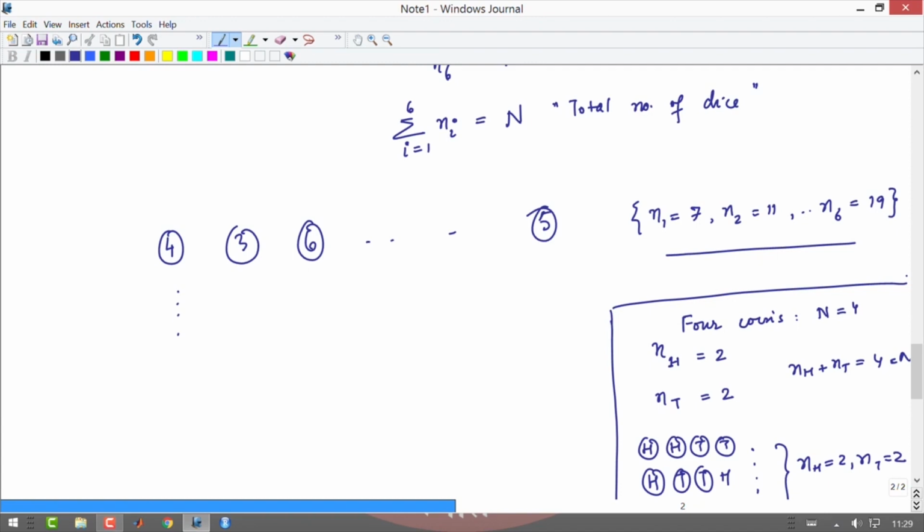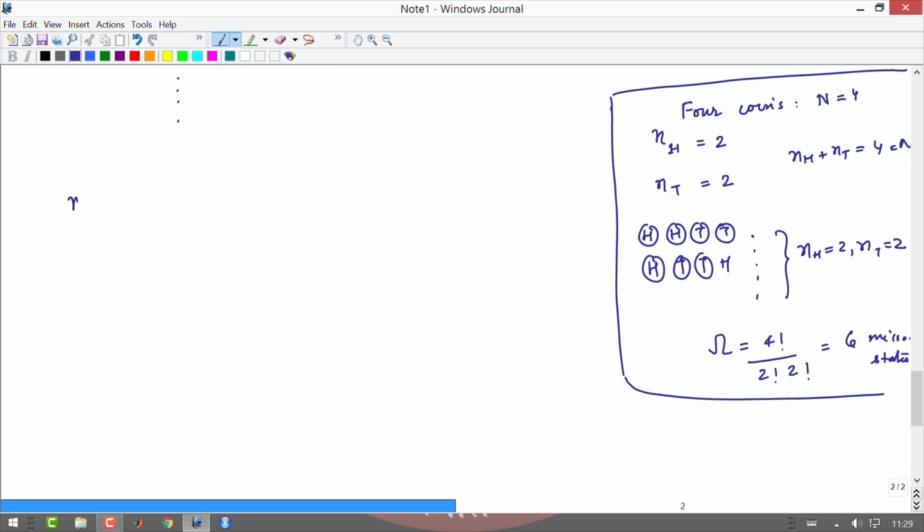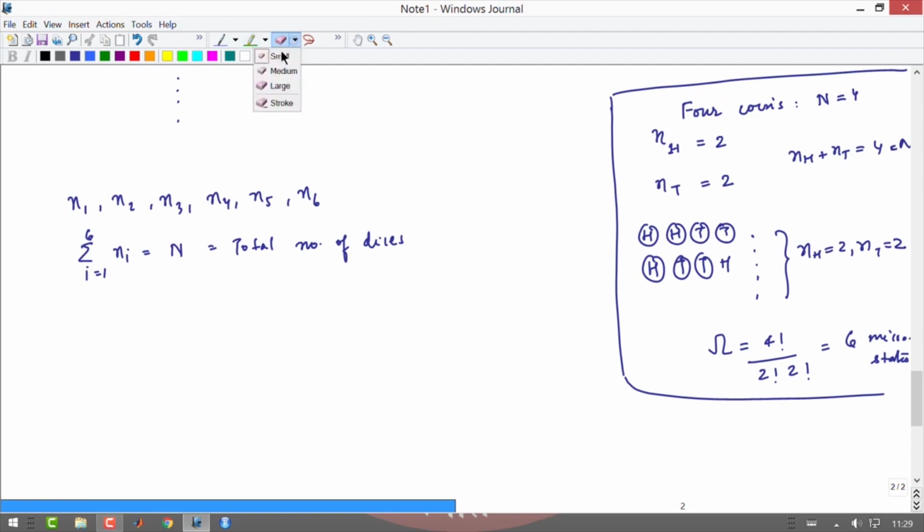Like I said, if I have tossed n dice together and I have simply counted how many dice gave me the outcome 1, how many dice gave me the outcome 2, and how many dice gave me the outcome 6, basically I have these numbers n1, n2, n3, n4, n5 and n6, because there are only 6 faces, and I know that the summation i going from 1 to 6 of ni is equal to the total number of dice that were tossed together.